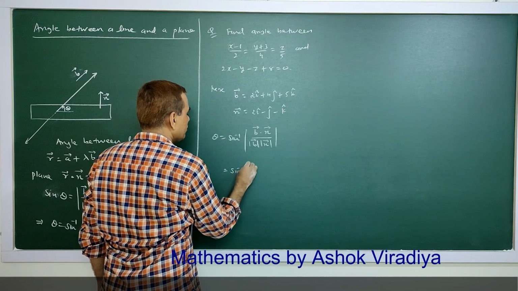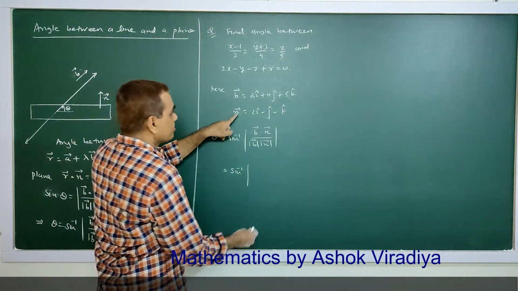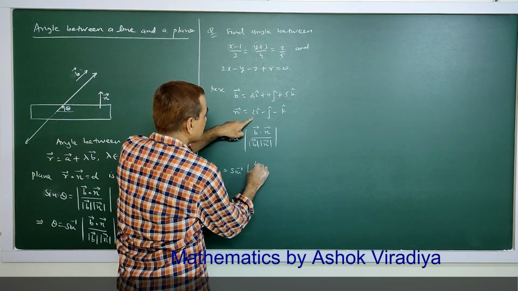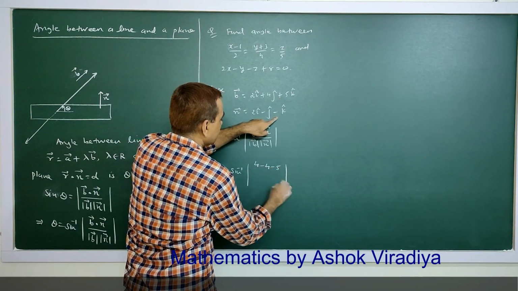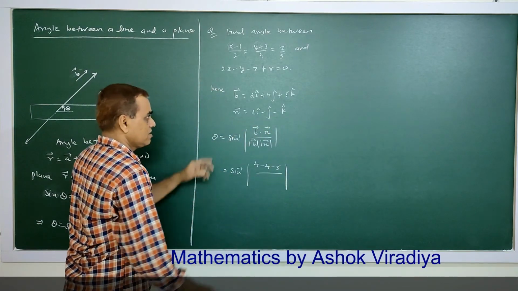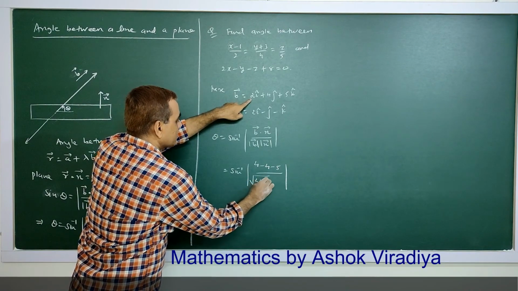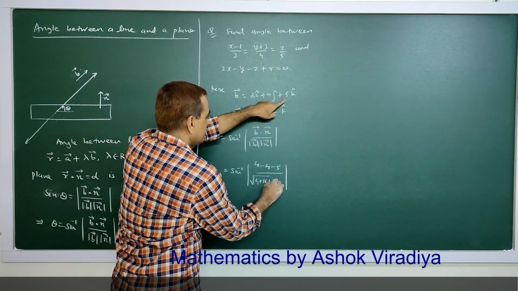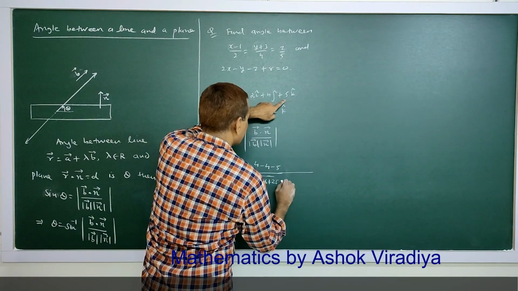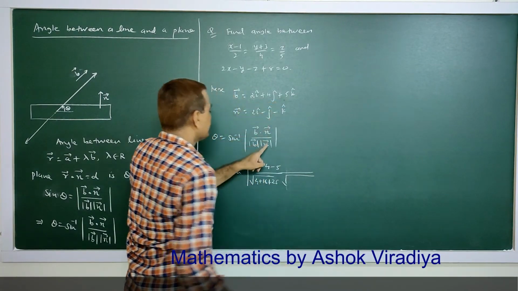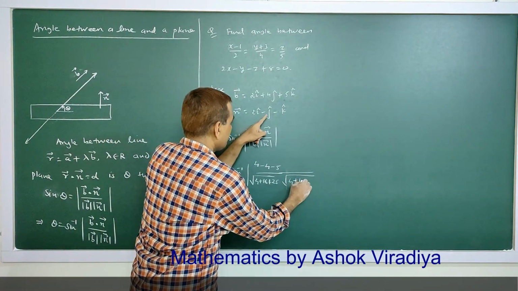So sine inverse is modulus of dot product of these two vectors. 2 into 2 is 4 minus 4 minus 5 upon magnitude of vector B is 4 plus 16 plus 25 and into magnitude of vector n is 4 plus 1 plus 1.